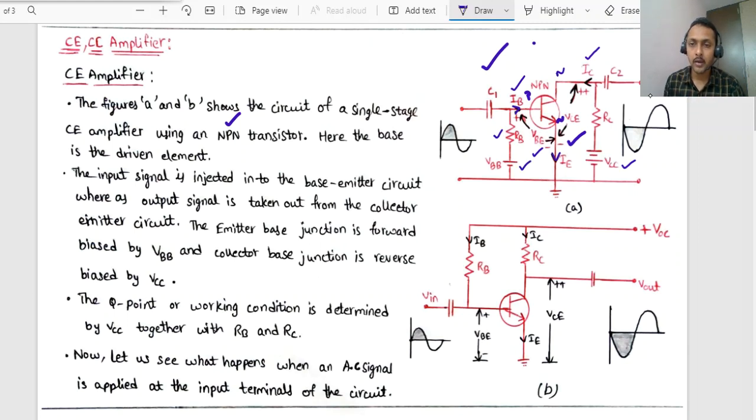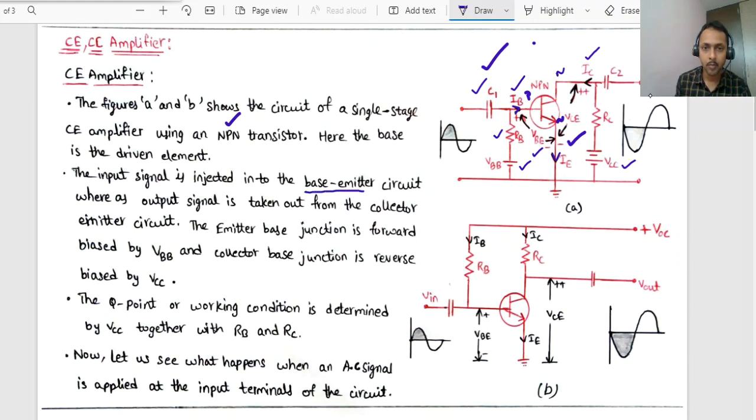Now the capacitors, such as C1, are connected for filtering purposes, and VCC we have discussed already. Now the input signal is injected to the base emitter circuit.